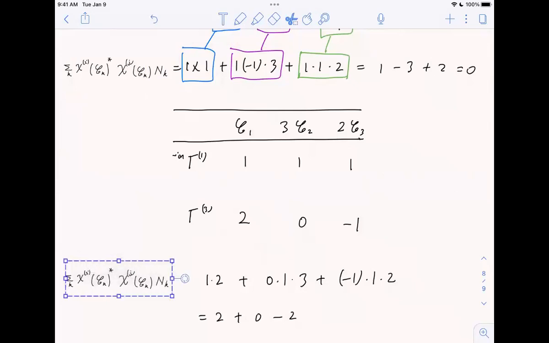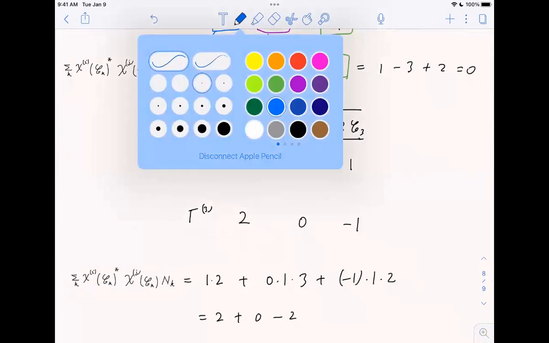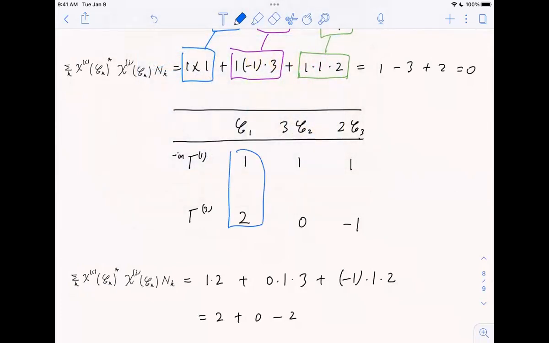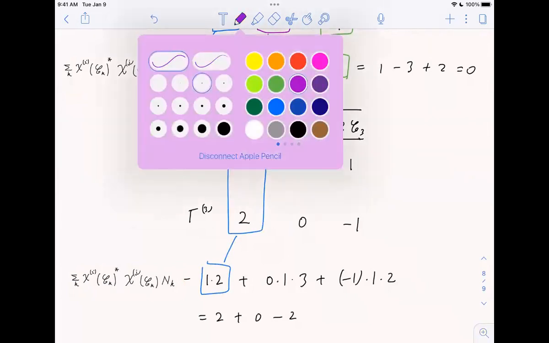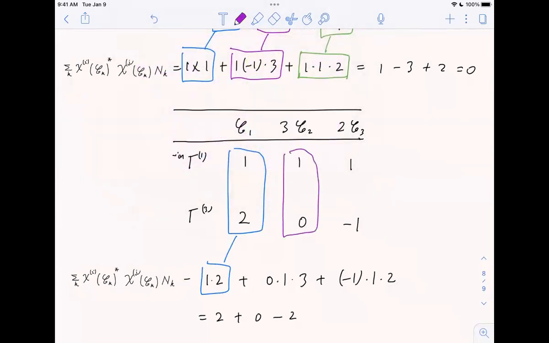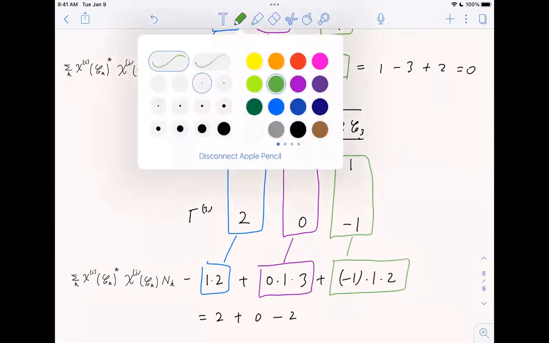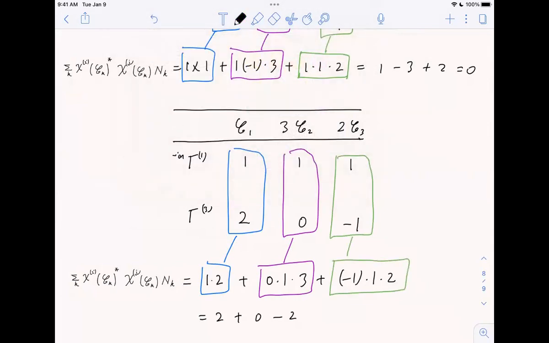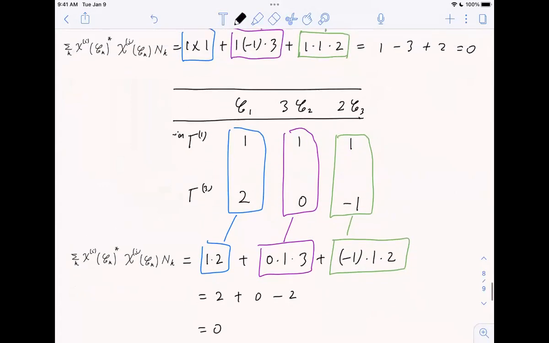So similar. This one goes here, and this one goes here, and this one goes here. Okay, so you see that they are orthogonal to each other.